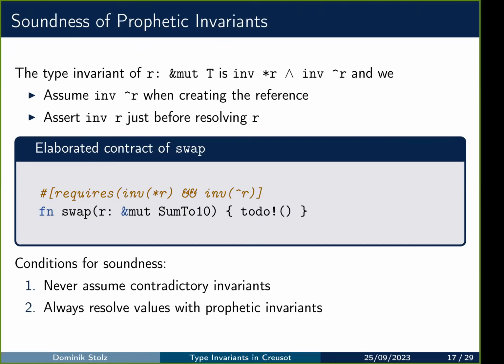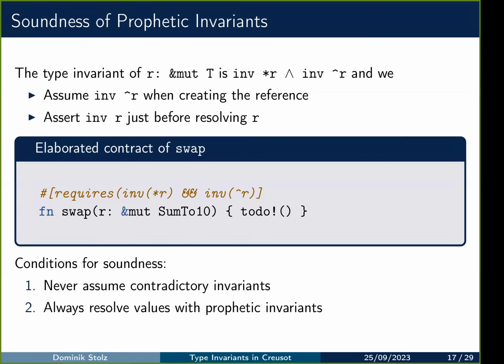And to summarize, the conditions for soundness based on this encoding. First, it's important that we never assume a contradictory invariant, since assuming an invariant which is trivially false would immediately introduce unsoundness, allowing us to prove incorrect programs.